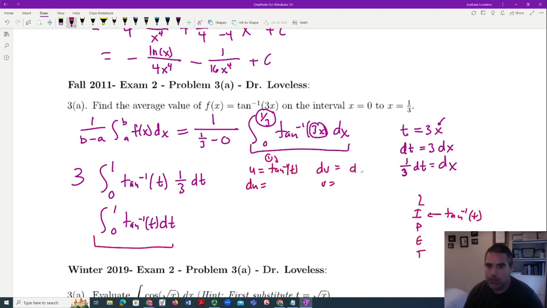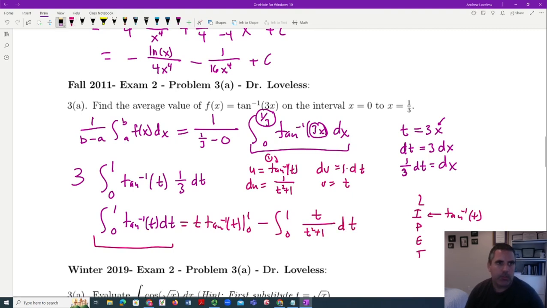This means this has to be 1 dt because that's the rest. You integrate this, you get t. You take the derivative of this, you get 1 over t squared plus 1. And so then you smush those two together, and this becomes t arctangent of t from 0 to 1 minus the integral from 0 to 1 of t over t squared plus 1.